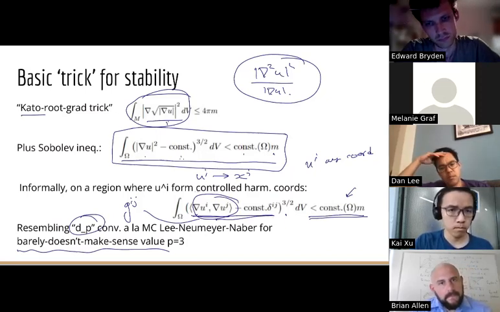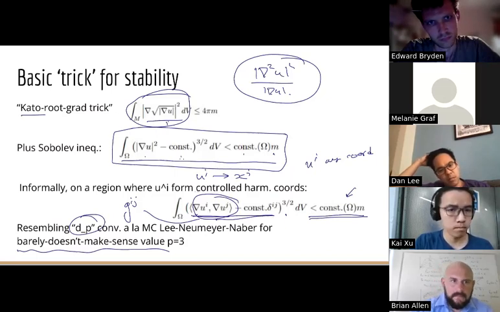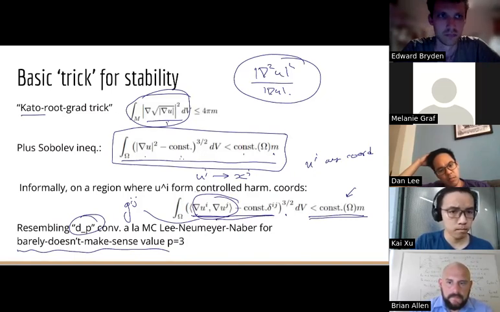So that's how I think of how the mass formula tells you about controlling the metric, but again, subject to some asterisks, like on good regions or on some regions.